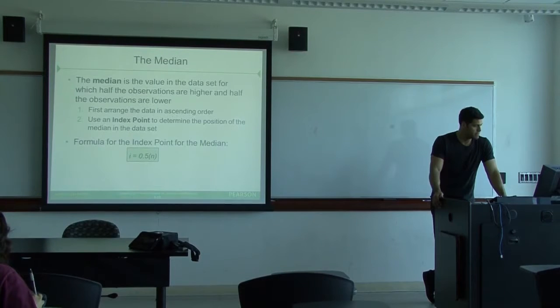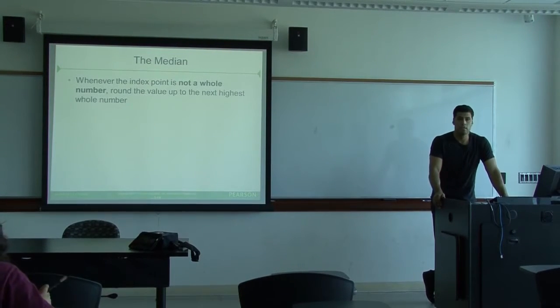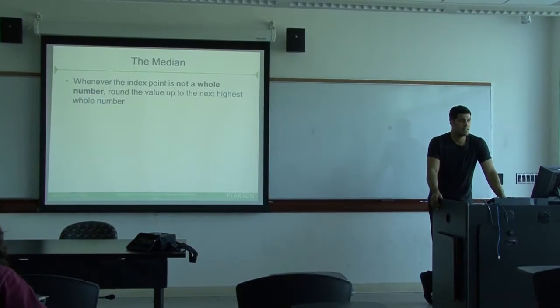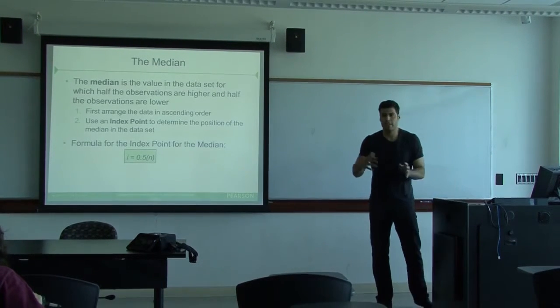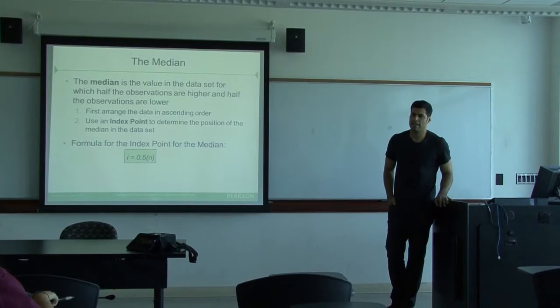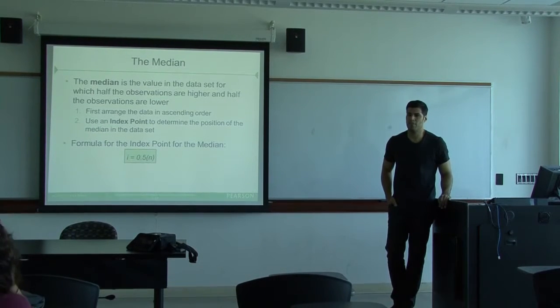All right, the median. So what's the median? Let me change the slide so you don't read it. What's the median? The median is a value in the data set so that at least 50% of the observations are less than that value.